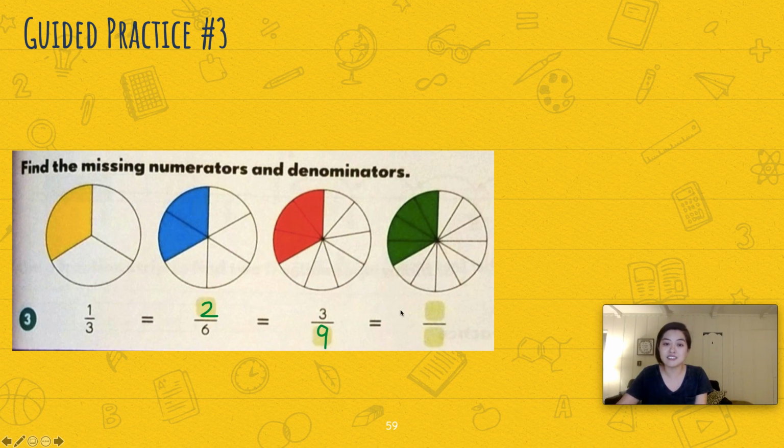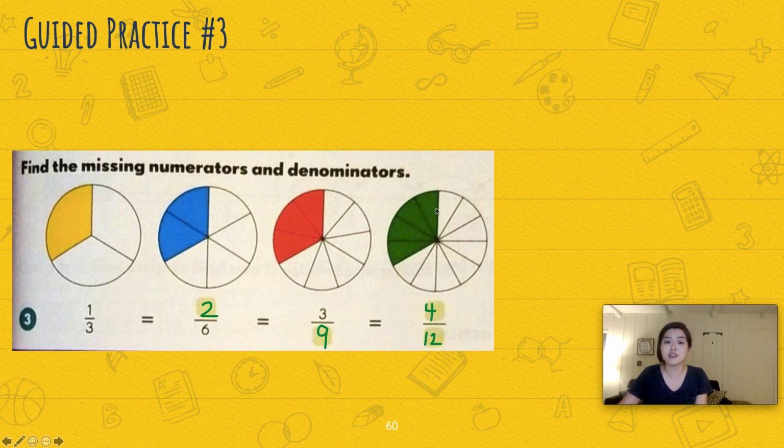And now let's look at this last figure here. What do I put in the numerator? What do I put in the denominator? Well, if you said 4/12, you're right, because 4 is the shaded parts, and then 12 is the total parts in this model. And you can see that 1/3 is equivalent to 2/6, which is equivalent to 3/9, which is equivalent to 4/12.